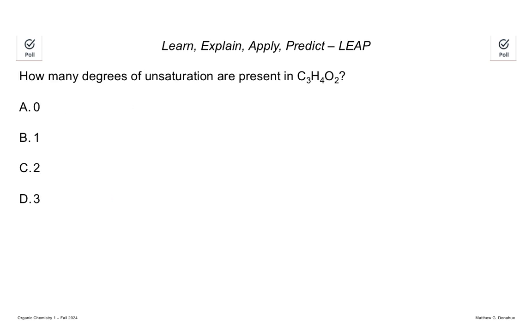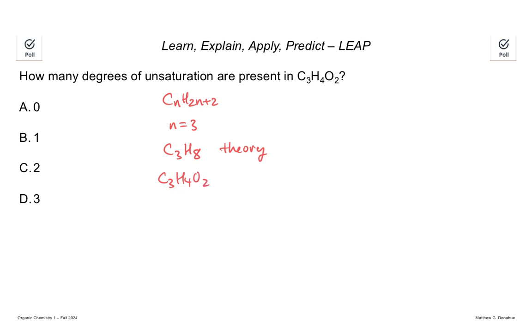We already know that the carbonyl is 1 degree of unsaturation. But since we now know the molecular formula, we'll just do the normal activity here. CnH2n+2, we said n equals 3. So for 3 carbons, the max number of hydrogens should be 8. So we'll say that's the theory. We have C3H4O2.